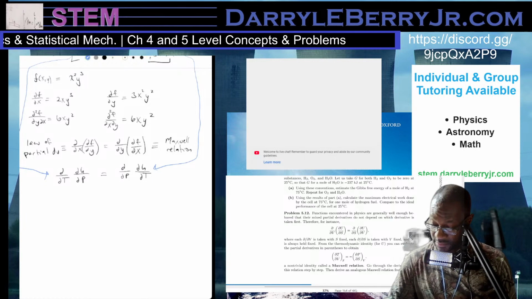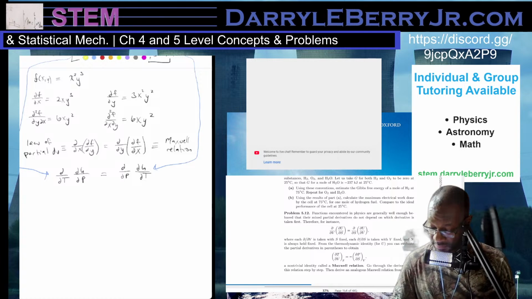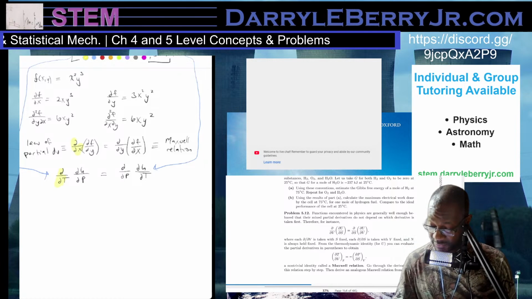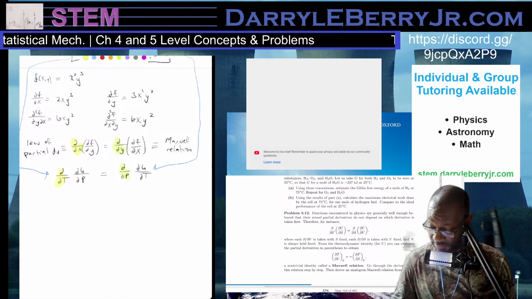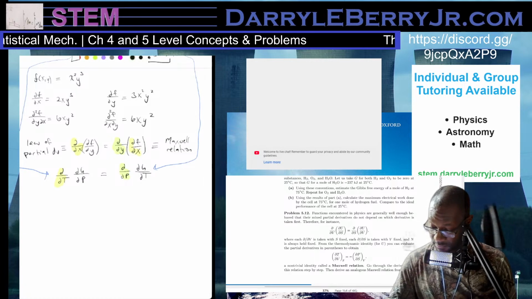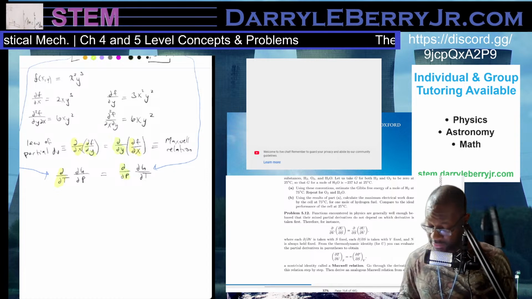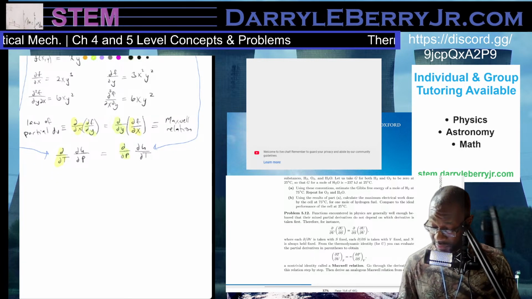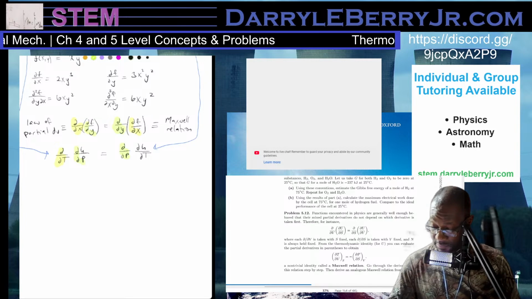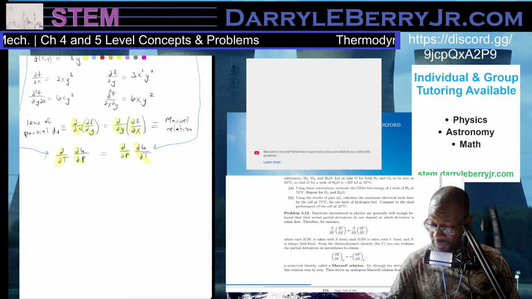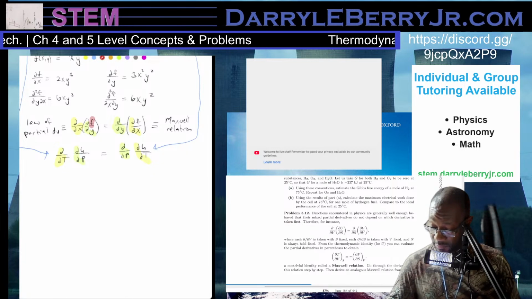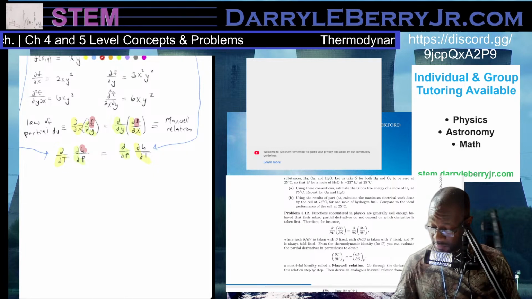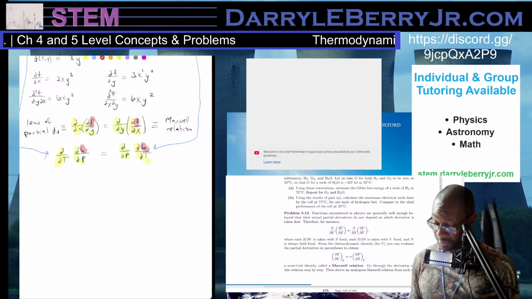So in this case, partial x is like partial t, and partial y is like partial p. And we're saying in the same way that those are equal when we're dealing with math, it's the same way these two are equal dealing with thermodynamic properties.